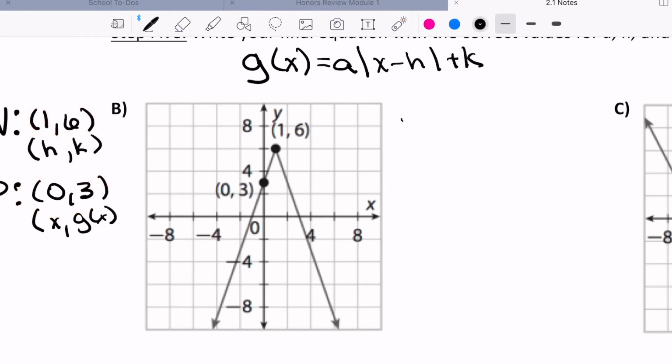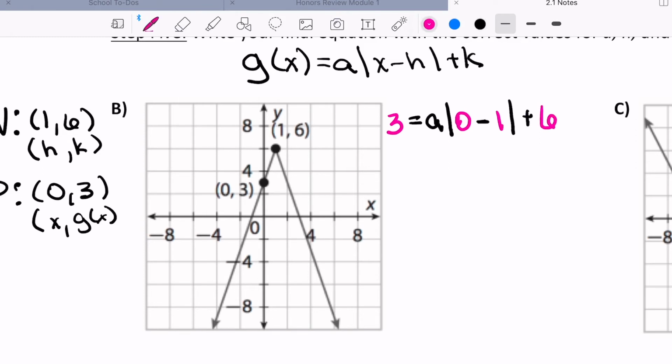So g of x is 3, and 3 equals a times the absolute value of x, which was 0, minus h, which was 1, plus k, which is 6.